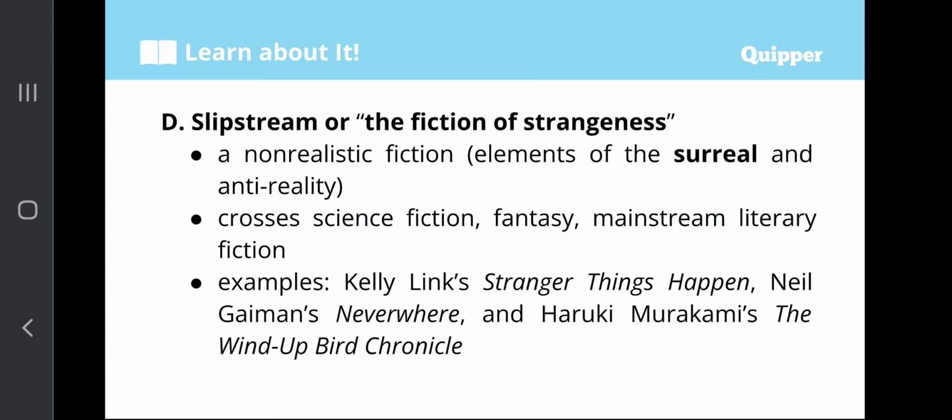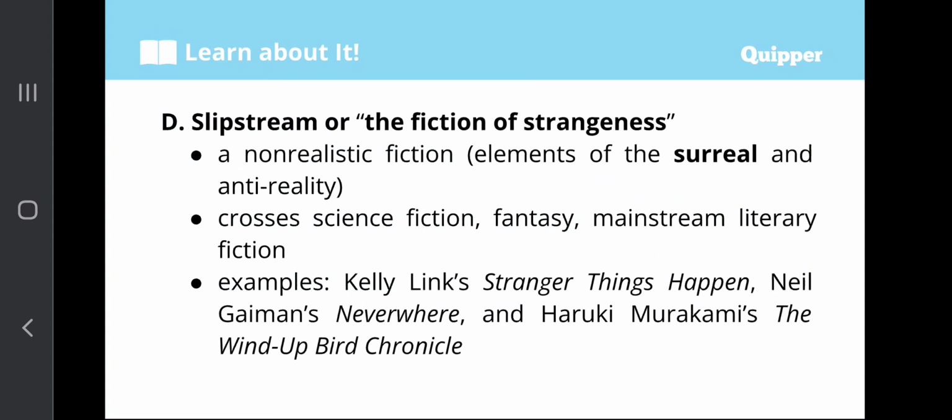Meaning to say, Slipstream, class, is talking about all the strange things that an author could possibly think of. That is why it is called non-realistic fiction. Fiction in the sense that it is not true. It is not based on real-life events, persons, plot, setting, etc. But non-realistic because it goes beyond what we consider strange or weird.